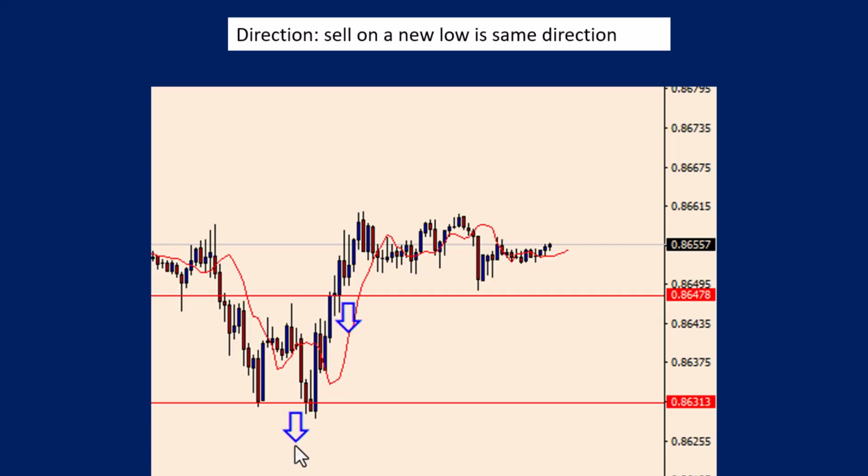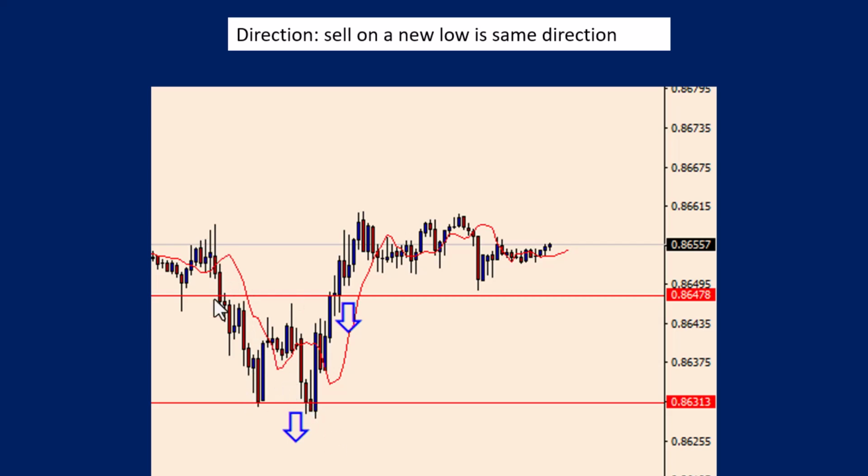So we know that the strategy used here is a breakout strategy in the direction of the trend on new lows, and it doesn't tell us whether it's new highs, but we're only analyzing one trade. So we immediately know that the direction is in the same direction as the trend.